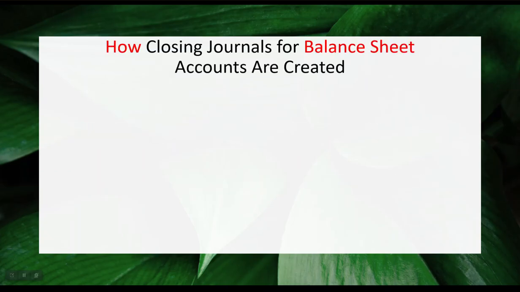Let's start with how closing journals for balance sheet accounts are created. Before we talk about the process, you can use create balance sheet closing journals to meet audit requirements. The process will create journal entries that close the balances for the selected balance sheet accounts to 0.